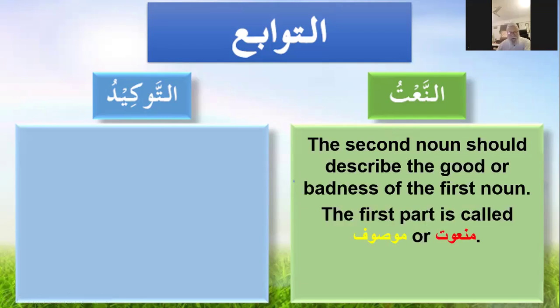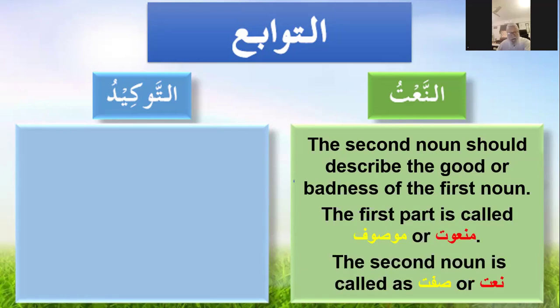The first part is called mawsuf or man'ut, and the second part is called sifa or na't. So it is also called mawsuf and sifa, or man'ut and na't. They are the same thing.